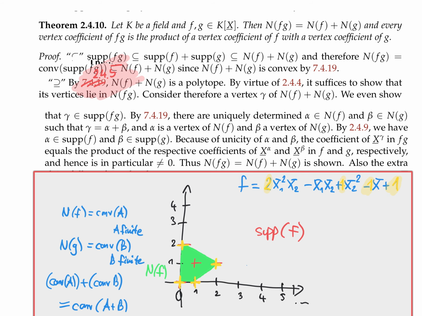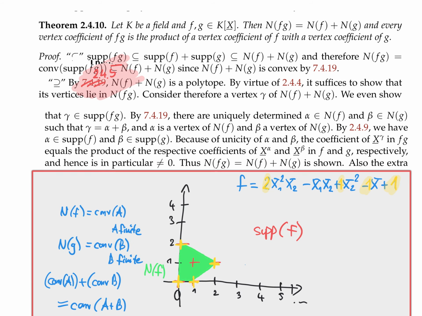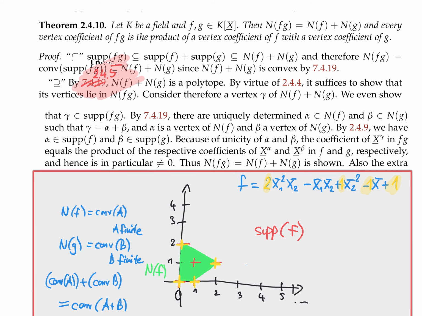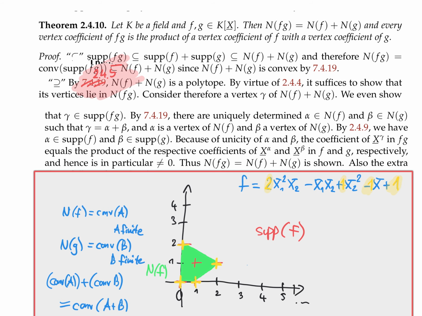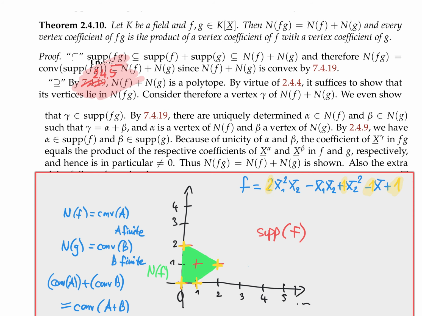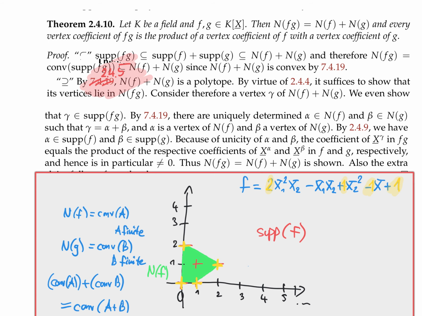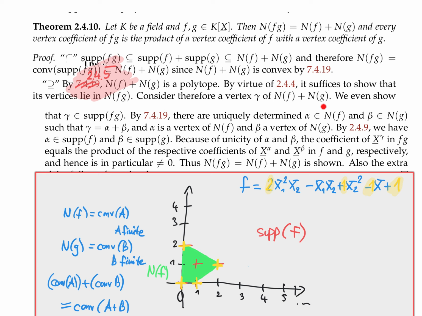And so it is non-zero. Okay, and so alpha plus beta, which is gamma, is in n of f plus n of g, because it's in the support of f plus the support of g. So we are done with that.